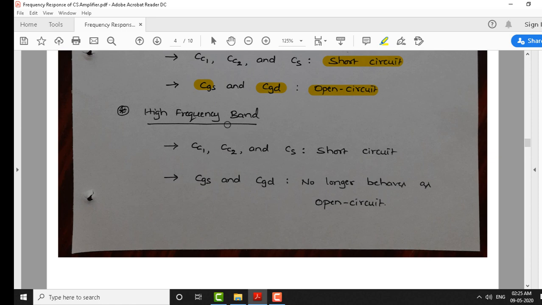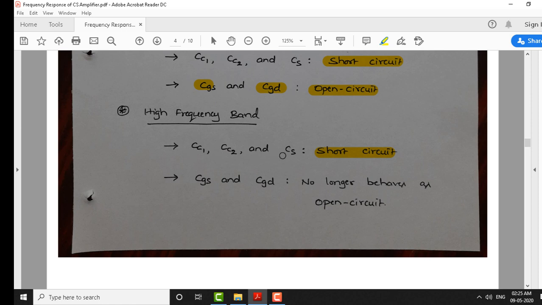In the high frequency band, that is the band beyond FH, the three capacitances behave like a short circuit. This is what we expect in the amplifier circuit, so they are behaving as per our requirement.